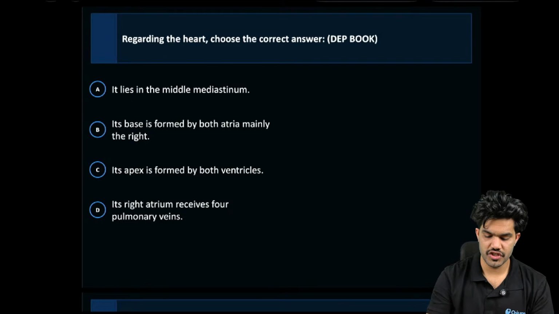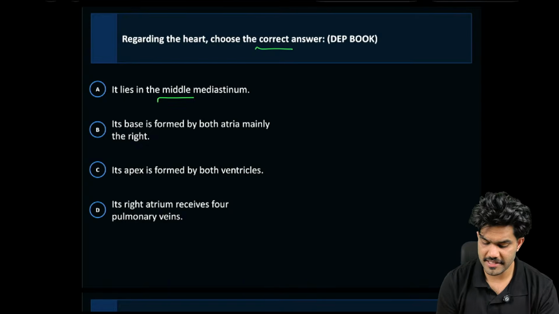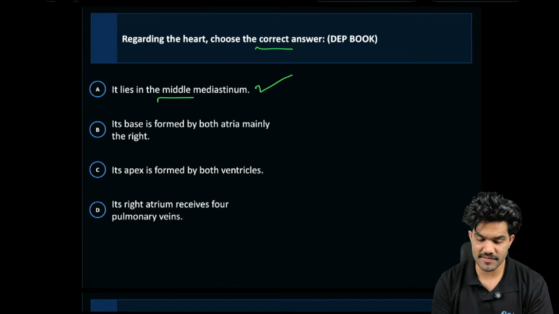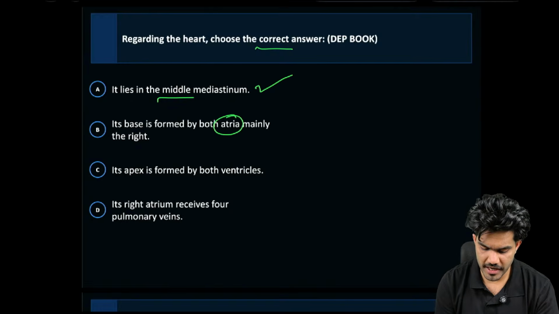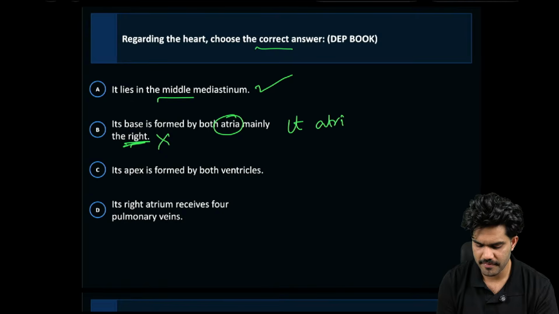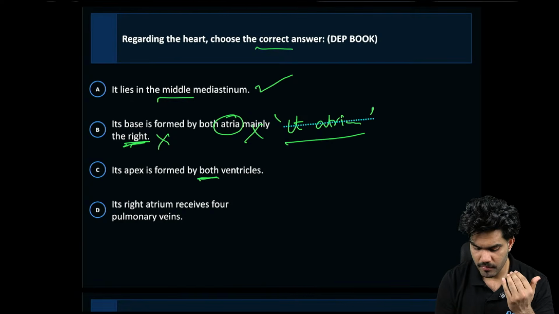Regarding the heart, choose the correct answer. It lies in the middle mediastinum. Easiest question ever. Yes, it's true. Its base is formed mainly by both atria. Mainly right? No, it's mainly the left atrium. That is the wrong answer here. Its apex is formed by both ventricles.